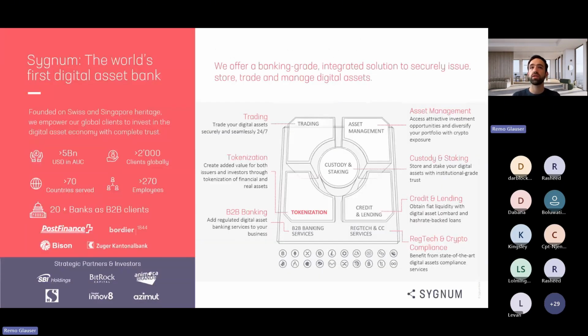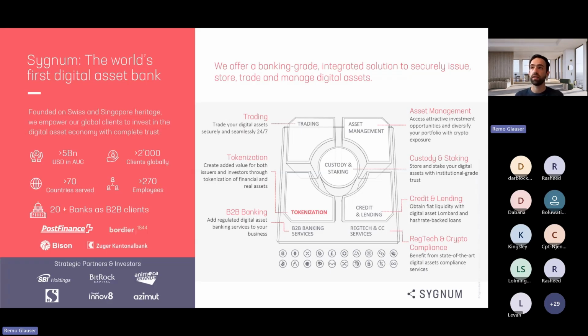The offering which Sygnum has is quite diverse, but basically what the traditional banks offer for fiat, we offer for digital assets. It's really trading, buying, selling digital assets. We have asset management. We invest in digital assets on behalf of the clients. We have dedicated products which invest in liquid solutions, which invest in VCs, multiple asset management products, and also do dedicated active portfolio management for our clients.